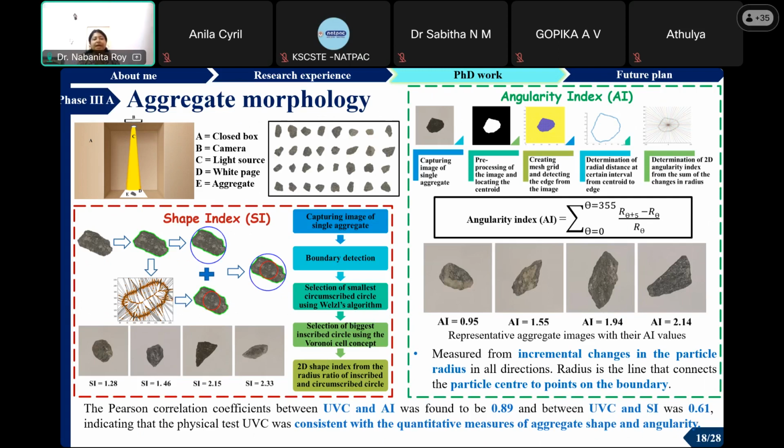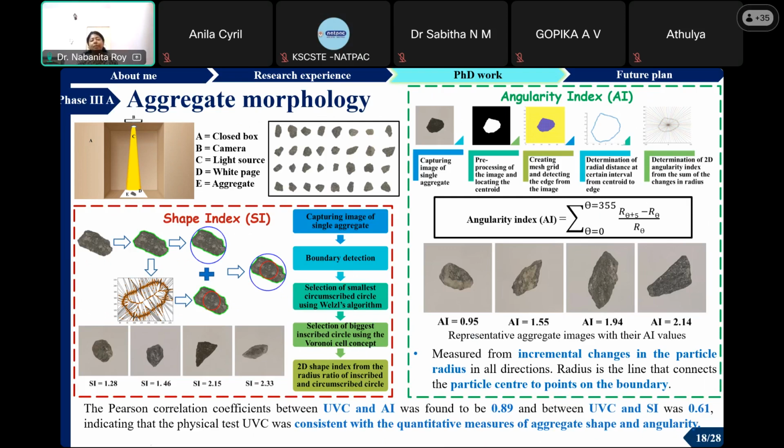From these I determined the shape index and angularity index. For the shape index, first the images were captured and then the boundary was detected. After that, selection of the smallest circumscribed circle was done using the Welzl algorithm, and selection of the biggest inscribed circle was also done using the Voronoi cell concept.